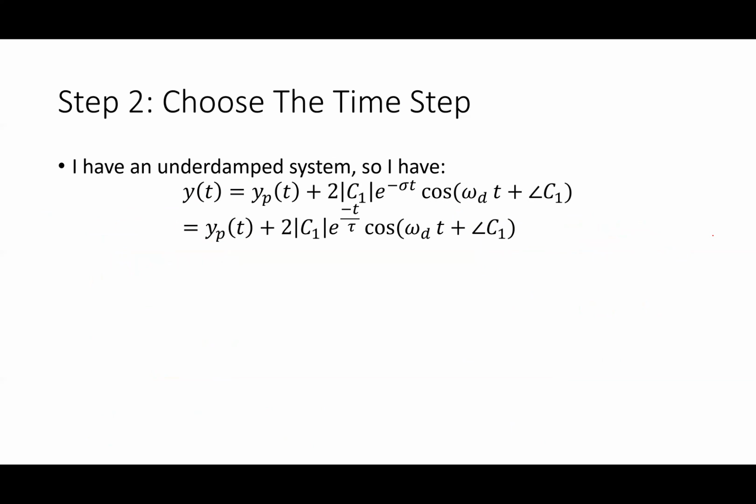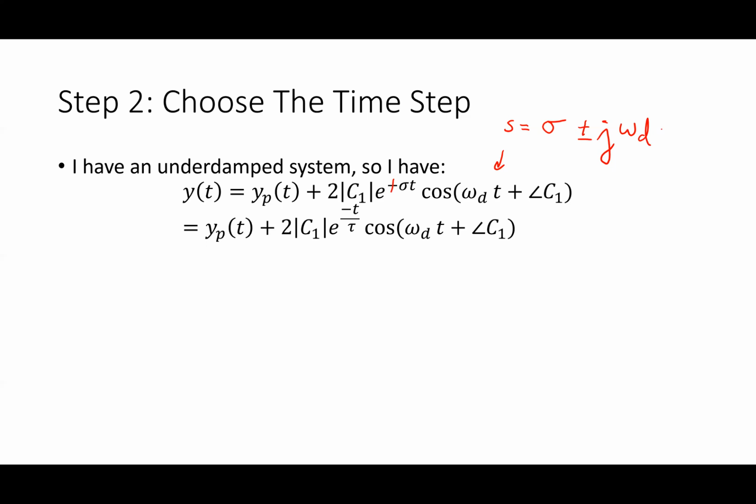I took this back to my specific values, and I have this in the notes. I've got to be careful here. To be totally consistent, I have it as sigma plus or minus j omega d, like that.